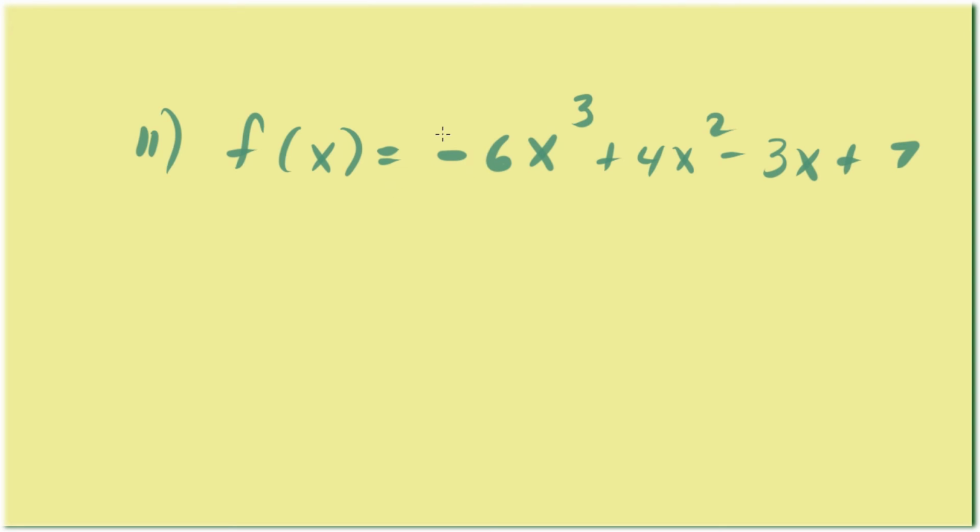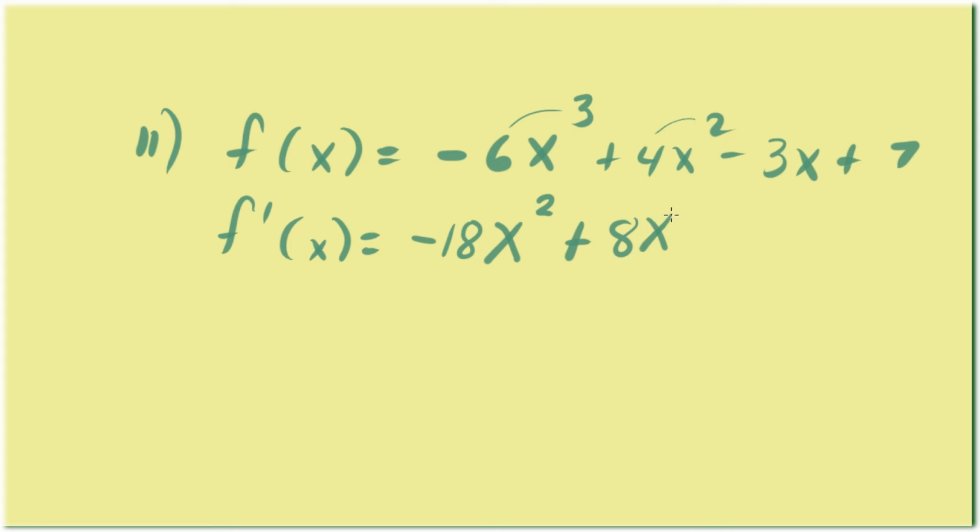So you have to use the power rule here 4 times because you have 4 terms. So your f prime of x is going to be negative 18, so 3 times negative 6 is negative 18, x raised to 3 minus 1 equals 2, plus 2 times 4 is 8, x raised to 2 minus 1 is 1.